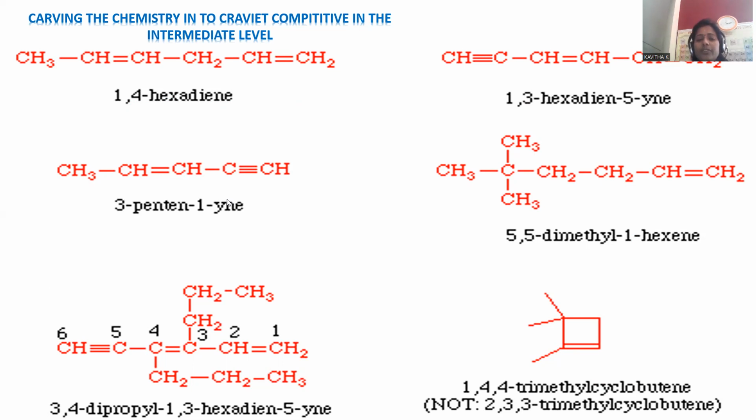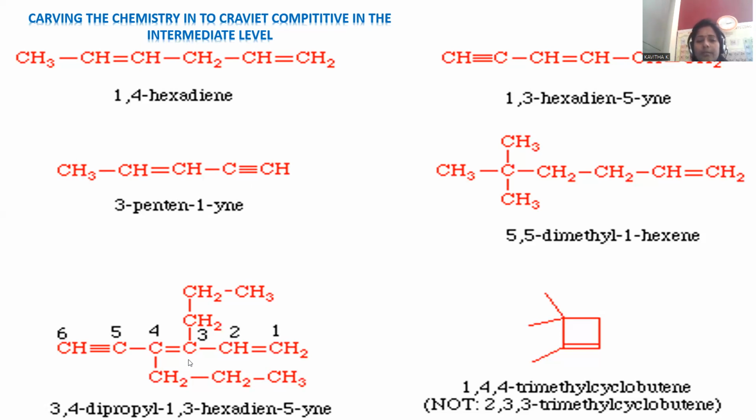Though it is on the third carbon, we have to pronounce ene first, later ine should be denoted, right? So in this manner, the third carbon has a double bond, and being a 5 carbon chain, pentene can be given, and on the first carbon you can find the triple bond denoted with 1-yne. 3-penten-1-yne is the complete IUPAC name of the given organic compound.